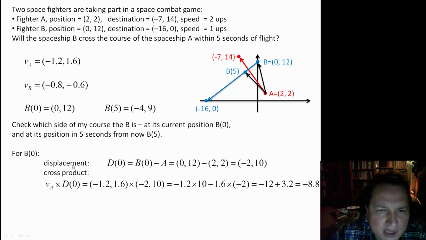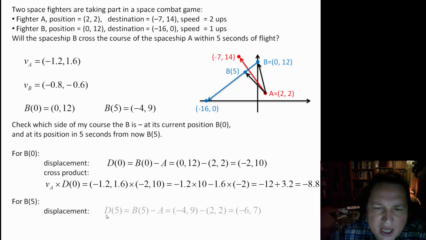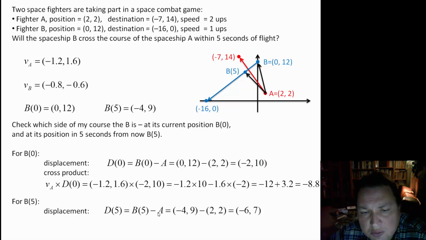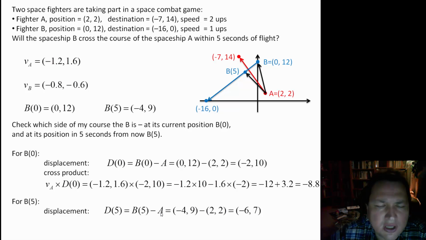Now we will do the same calculation for the position of fighter B at the 5th second of the flight. So first, the displacement after 5 seconds is B5 minus the initial position of fighter A. And here we could actually use the position of fighter A after 5 seconds, so it would be A5.